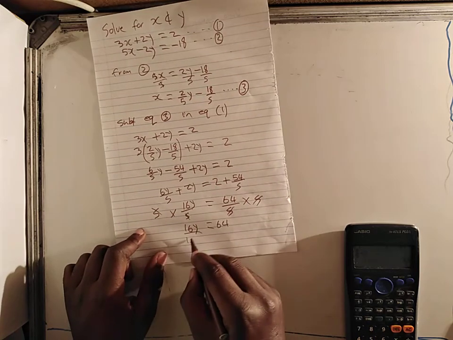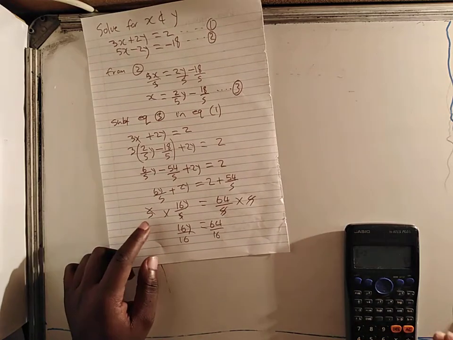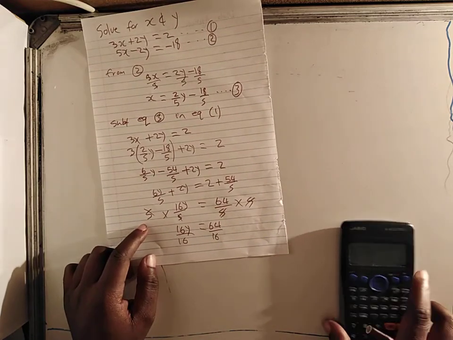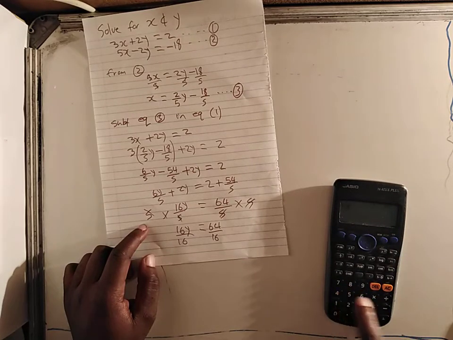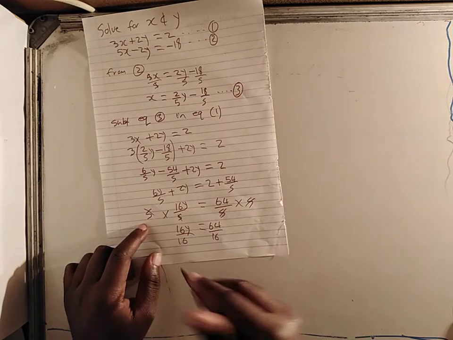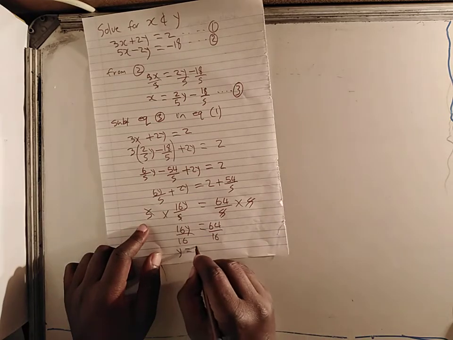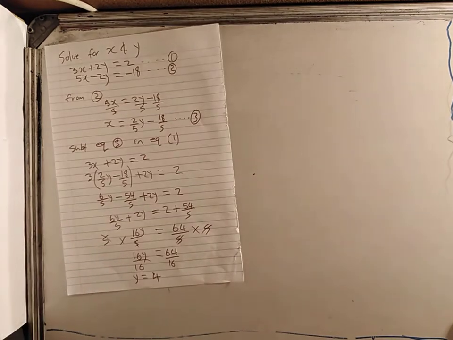Then divide by 16 because I want y. Now 64 divided by 16, what do you get there? I'm being lazy now, I'm putting even this on a calculator, so you get 4. So y is equal to 4. That is our value of y.